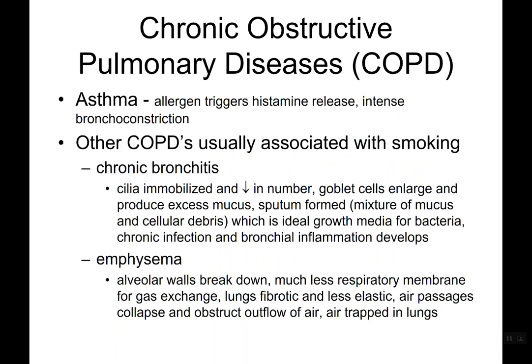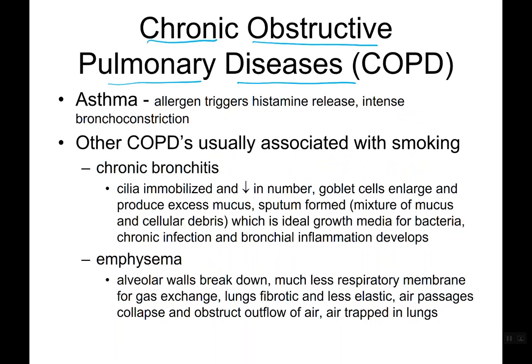Okay, so for the last couple slides, let's talk about disease. So COPD, or chronic obstructive pulmonary diseases, so these are diseases that prevent you from taking in air. So they're not related to a loss of lung compliance directly, but rather a blockage of your airways.